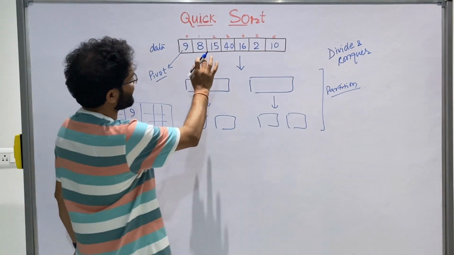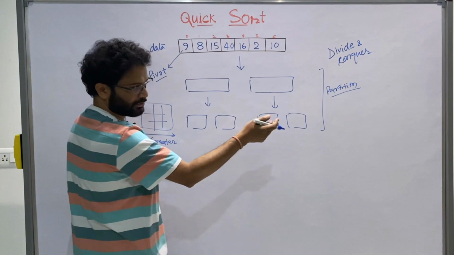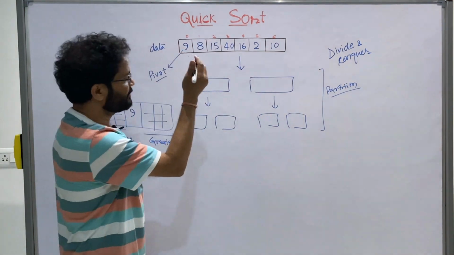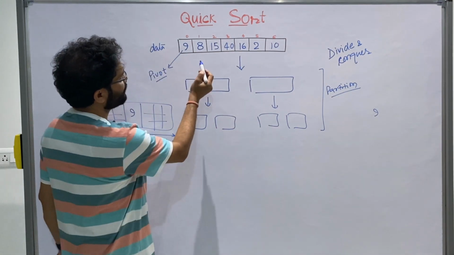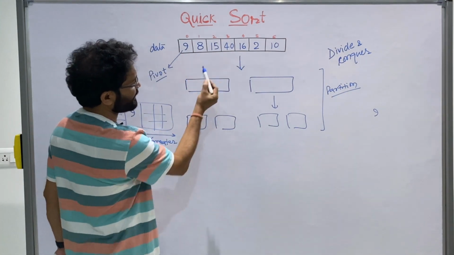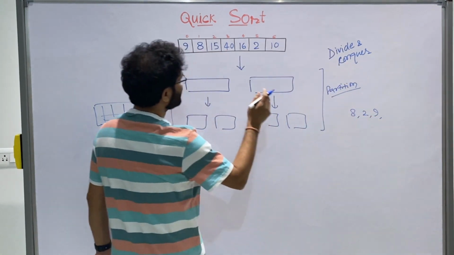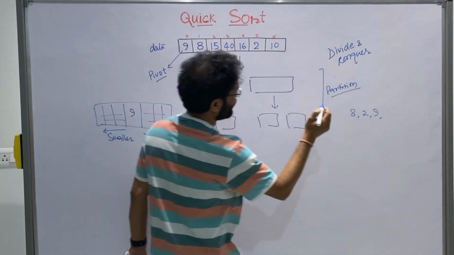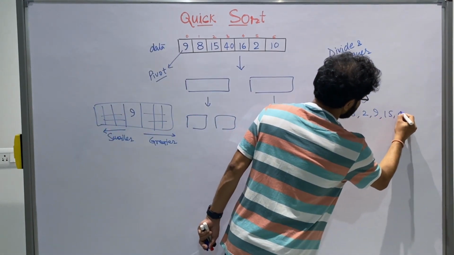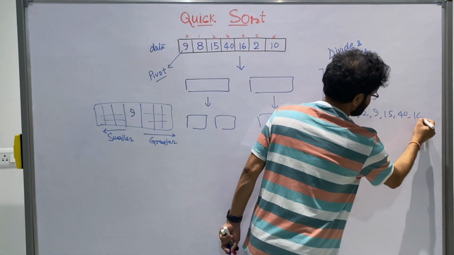So in this example, if you take 9 as the pivot, you keep the 9 here. Before the 9, the elements are 8 and 2. After 9, the greater numbers are 15, 14, and also 16, 10.